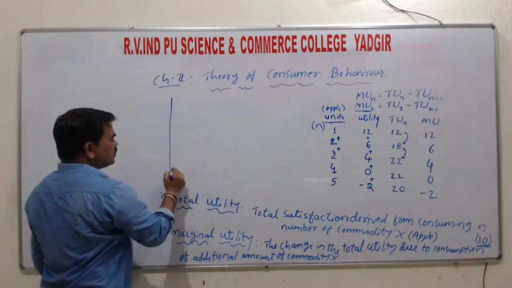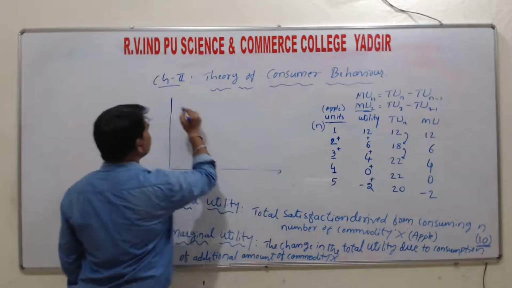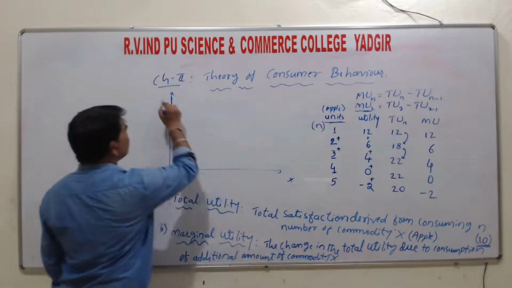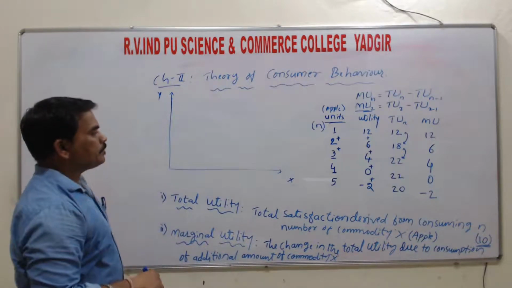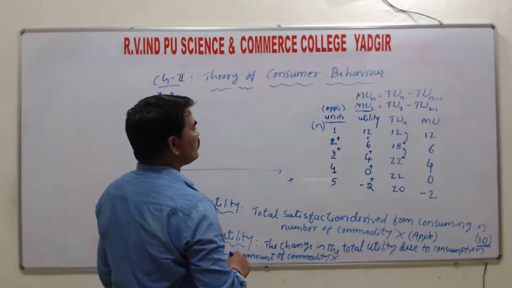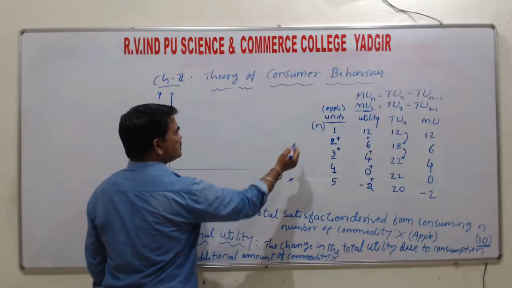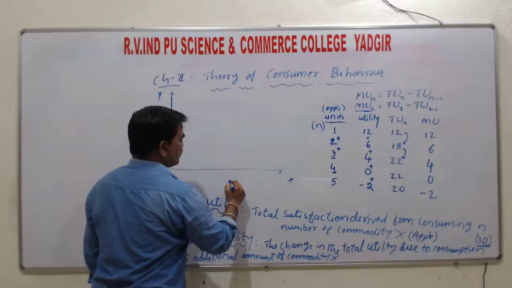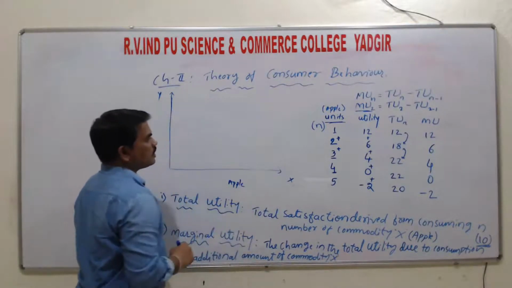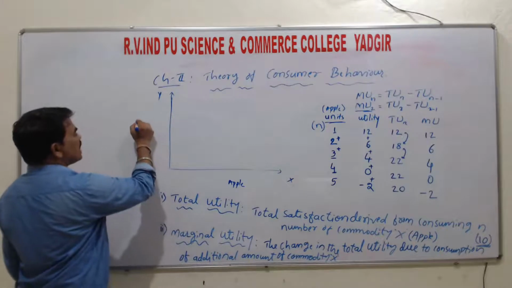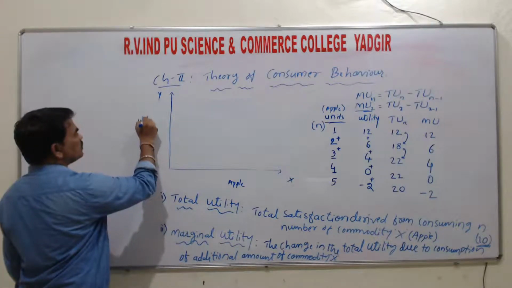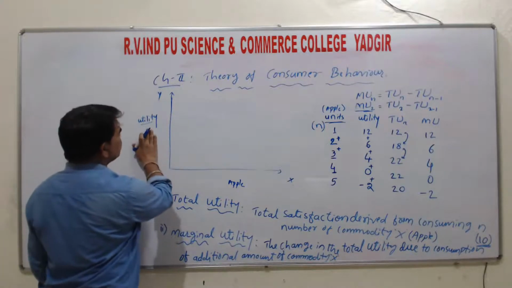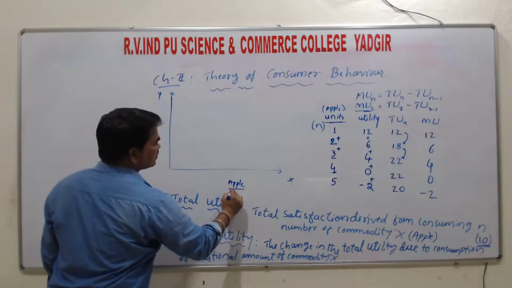So from childhood, we learn, right? We have an x-axis and y-axis. So here, I will put on the x-axis the commodity apple, and on the y-axis, I will mention the utility. So the y-axis represents utility and the x-axis is the commodity.